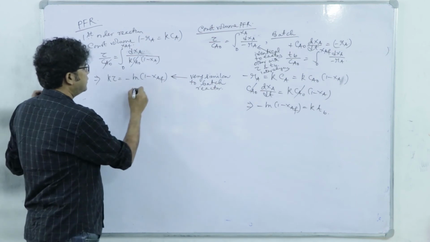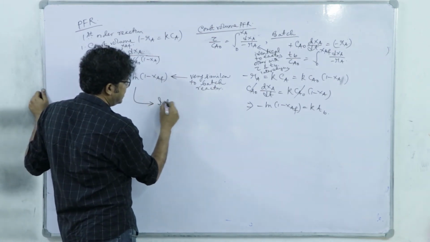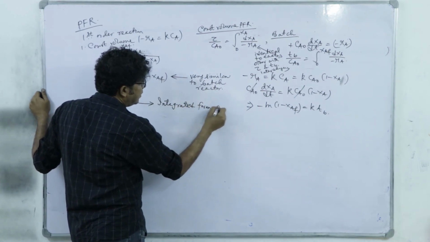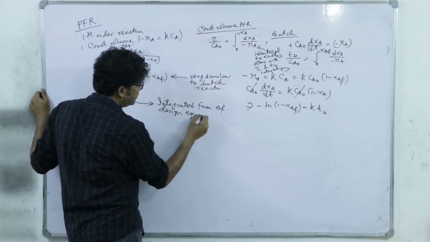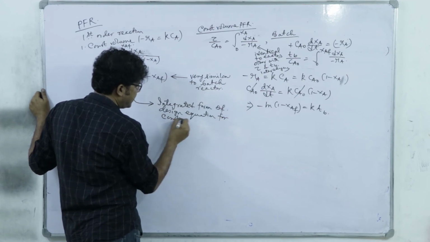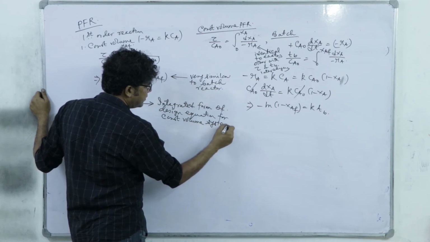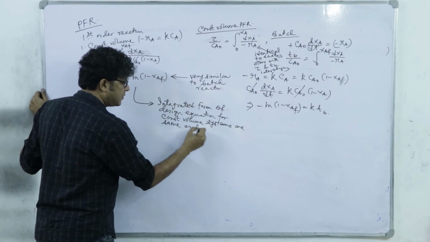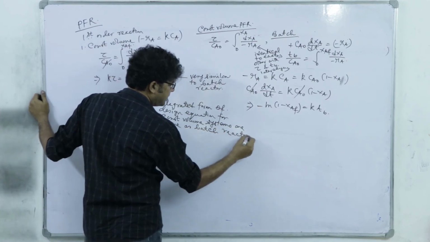From here we can conclude that the integrated form of the design equation for constant volume systems is the same as batch reactor.